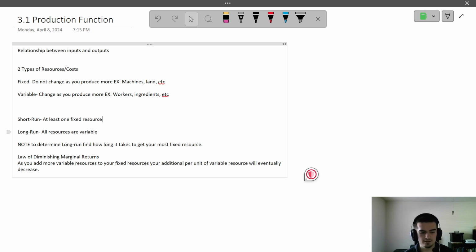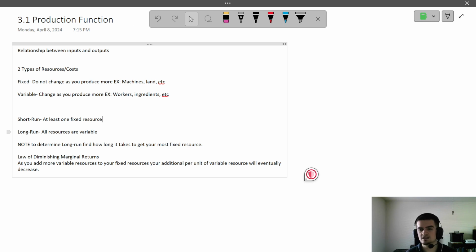That baker, in the next year, wanted to grow their baking business. They may buy more ovens, and therefore it's a variable resource, right? They expect that they're going to grow, so they buy more ovens, and it's therefore a variable resource in the long run.